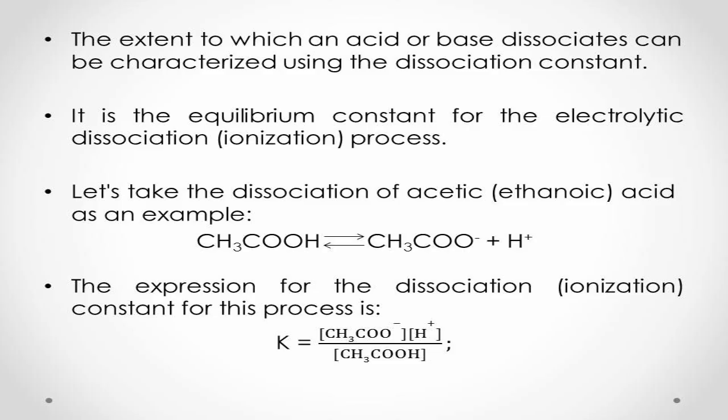For this process, the formula for calculating the equilibrium constant, the dissociation constant, can be written as follows. K equals a ratio of the product of the concentrations of the acetate ions and the H plus ions to the concentration of the undissociated ethanoic acid.